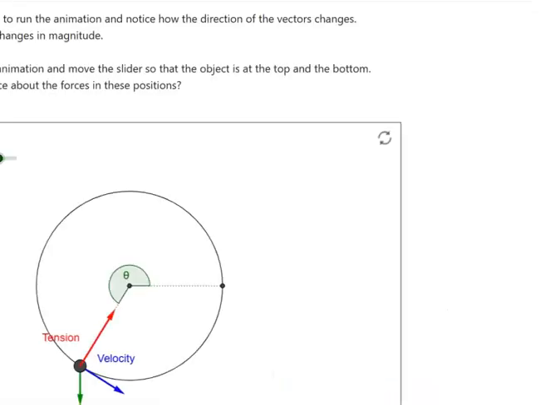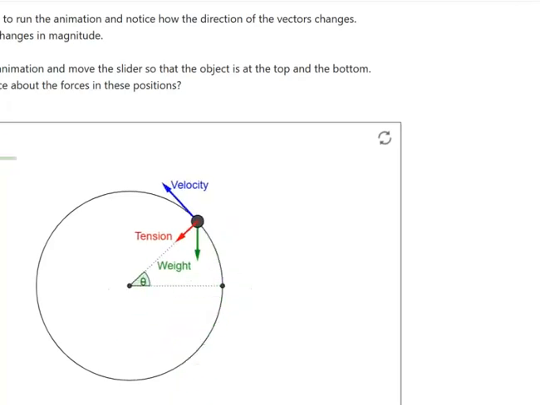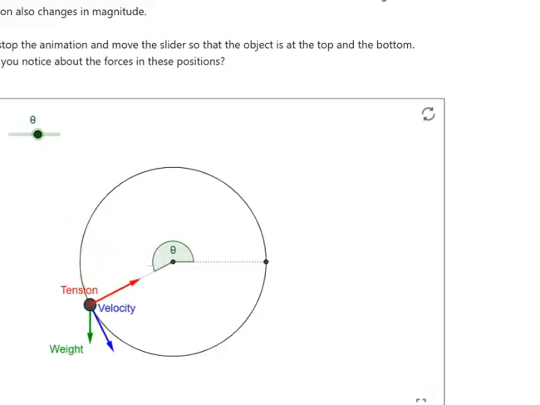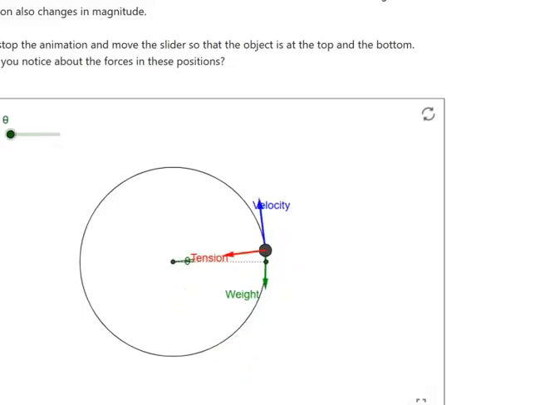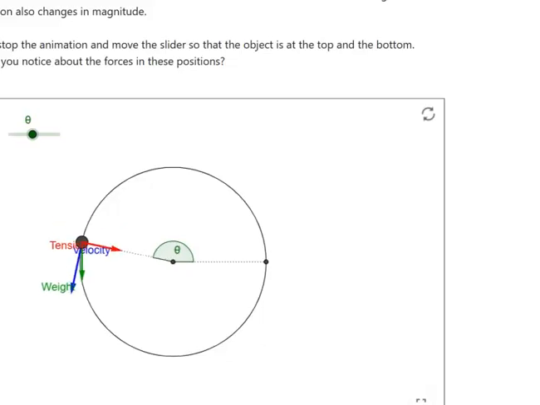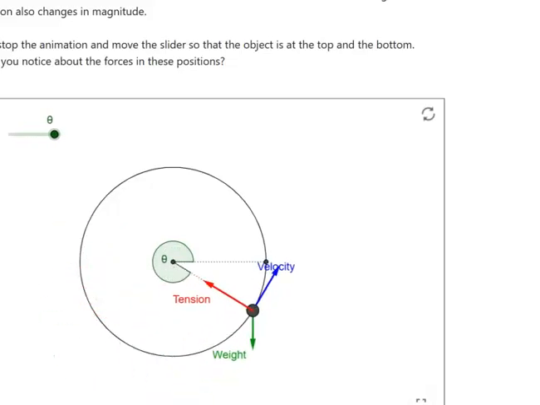Now we will move on to a vertical scenario, and you can see here now the weight is acting down at all points in time due to gravity. The tension on the string is going to change, and the guy with the water bucket was talking about that.